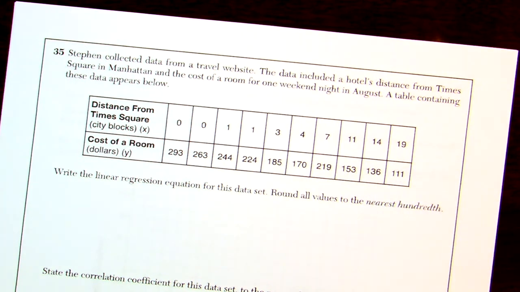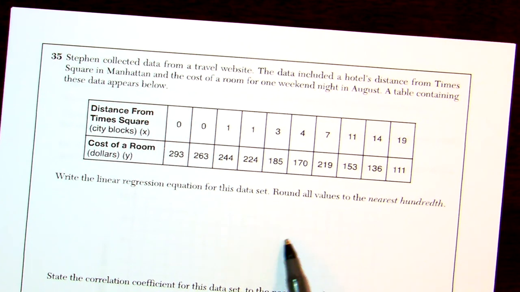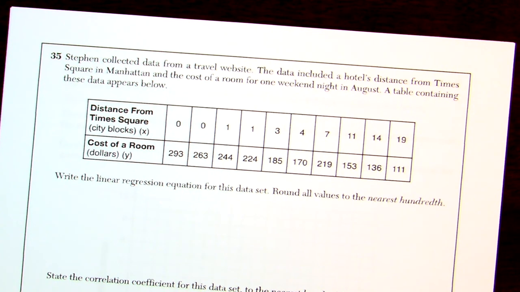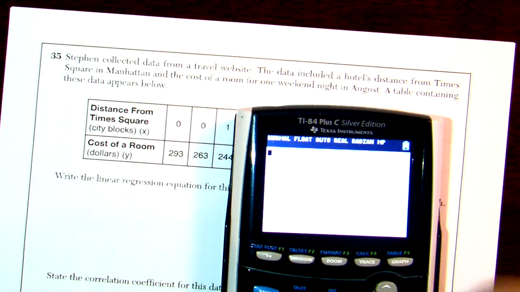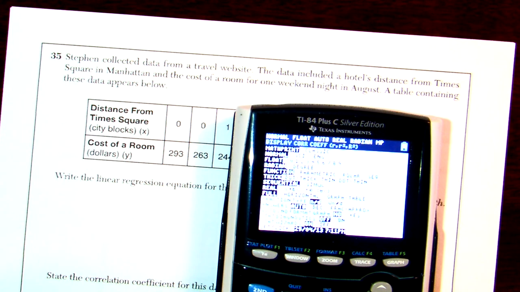Now we have to write a linear regression equation for the set of data, rounding all values to the nearest hundredth. In order to do that, I want to make sure of a few things. When I go to mode in our calculator, we're going to turn the diagnostics on, because that's going to give us our coefficient on top of our linear regression.